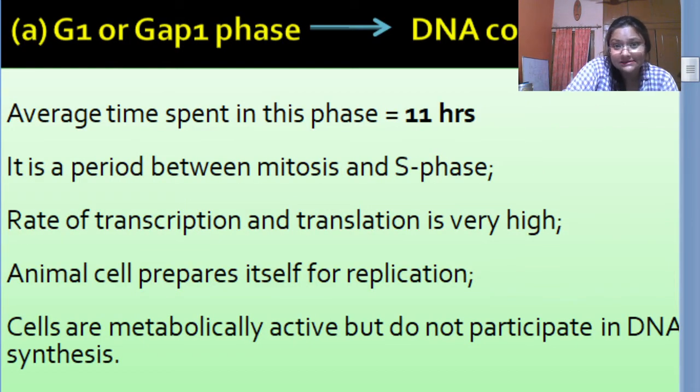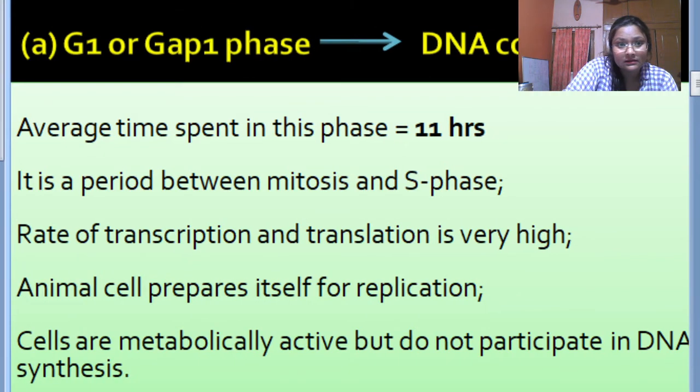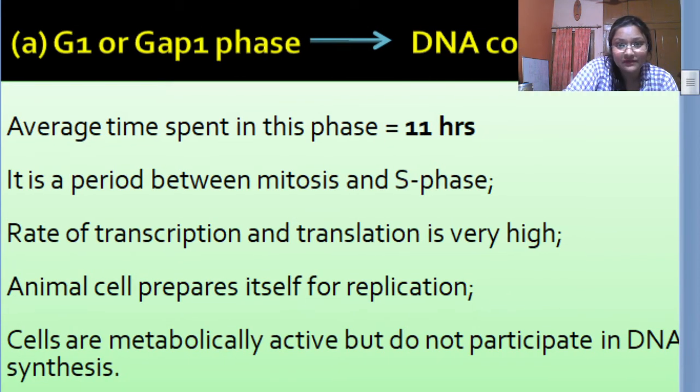Now let us discuss this G1 or GAP1 phase, which has DNA content equal to 2N. The average time which a cell spends in this phase is 11 hours.